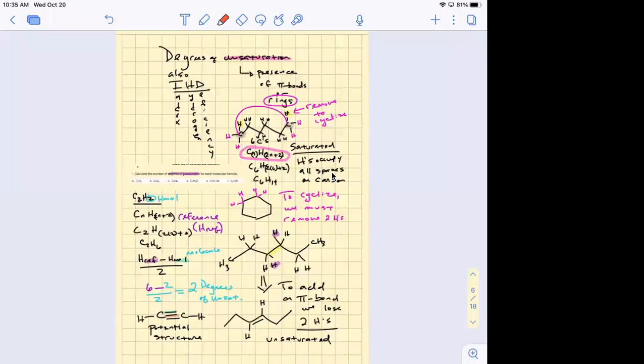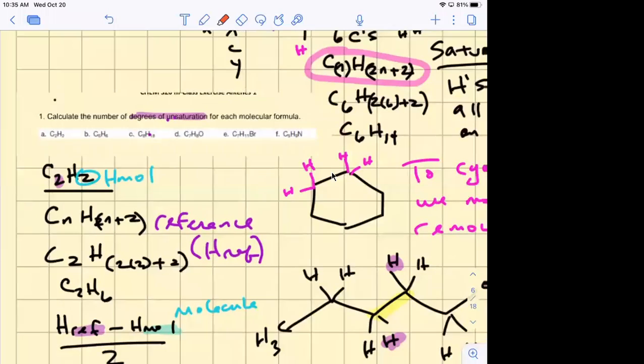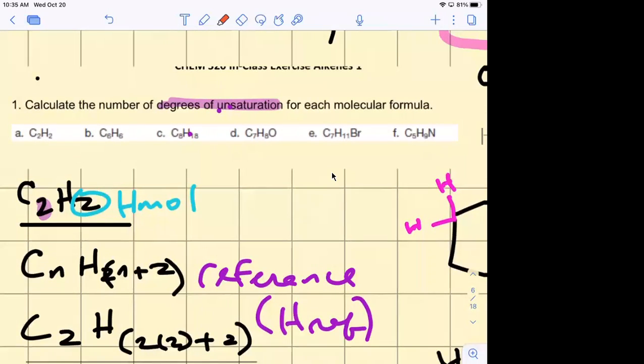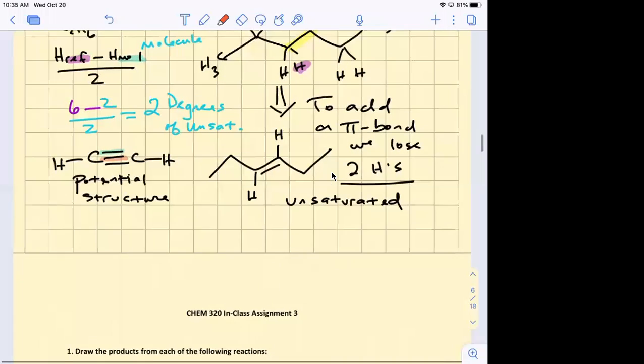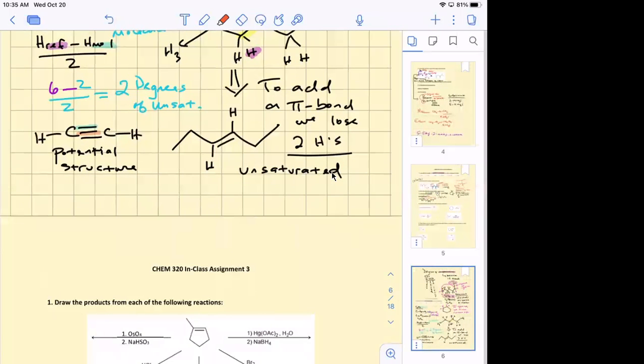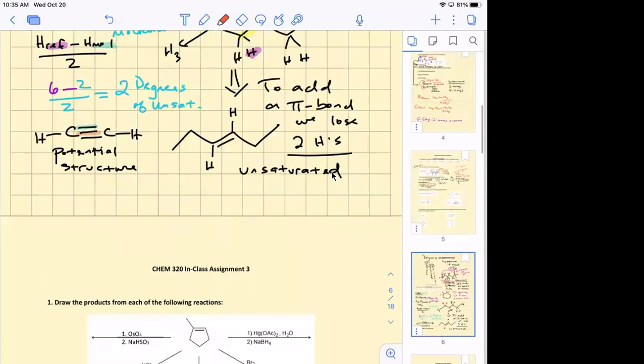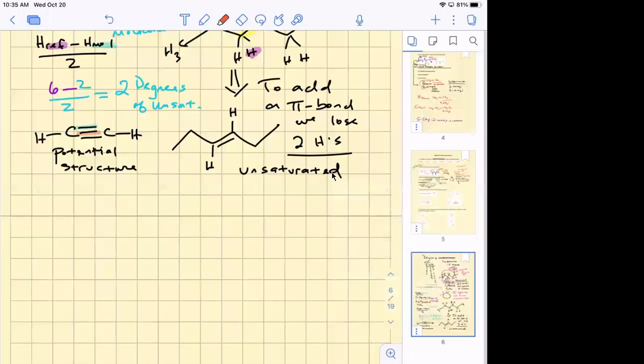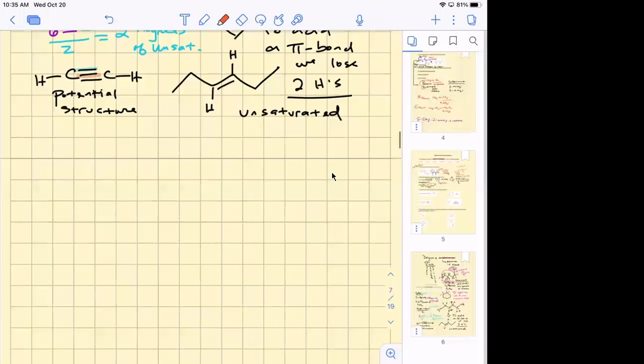Let's do another one. Let's do C6H6. Got to put another page in. All right, let's do C6H6.